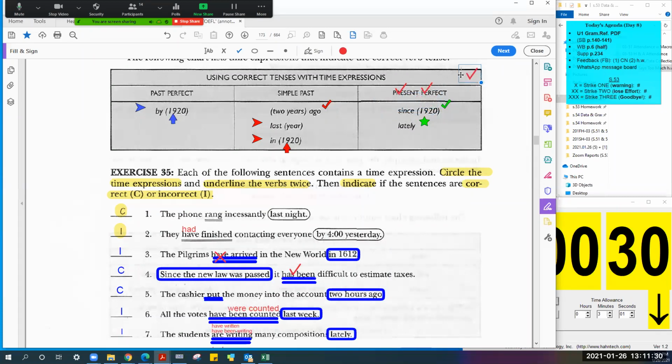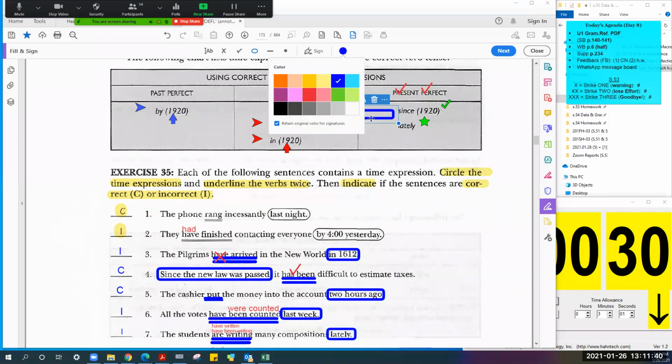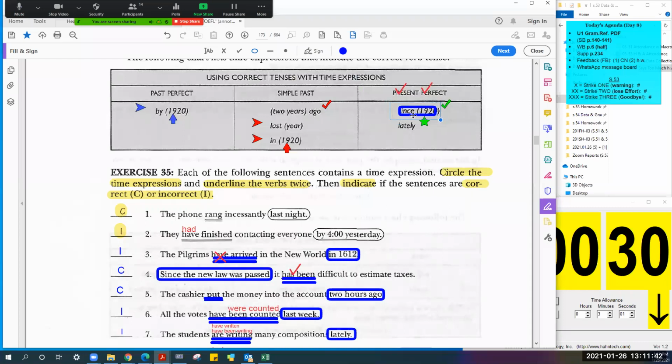Look at the whole expression together. We have "since," and then this is in the past. 1920 is in the past.